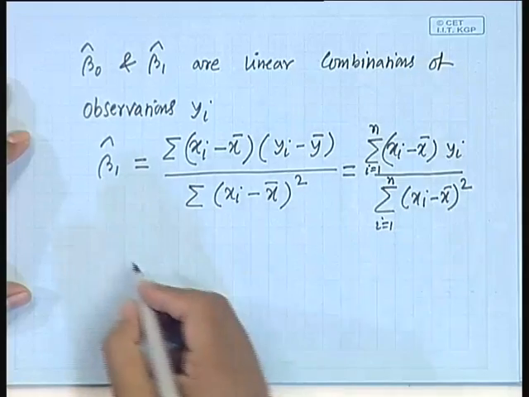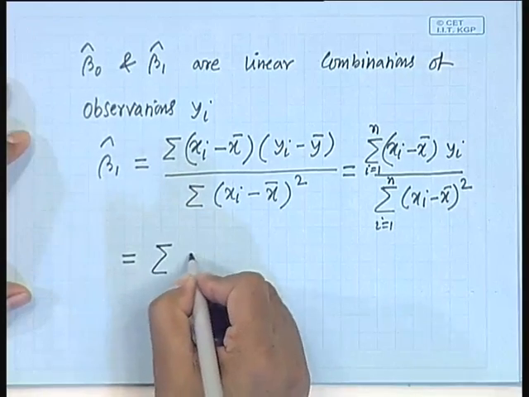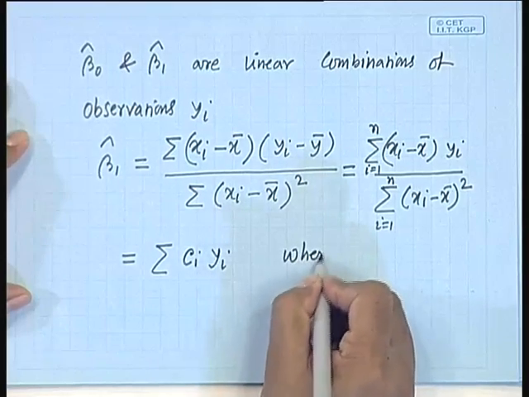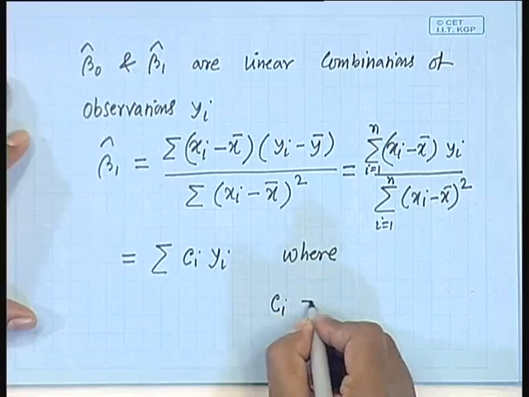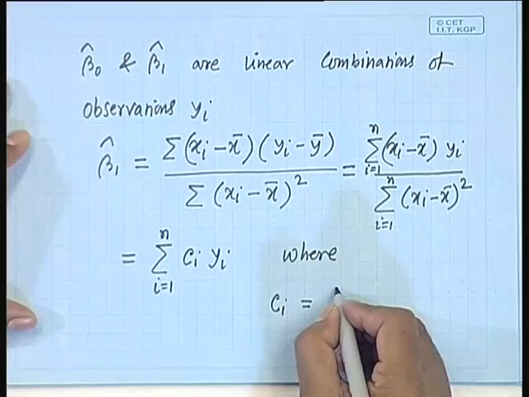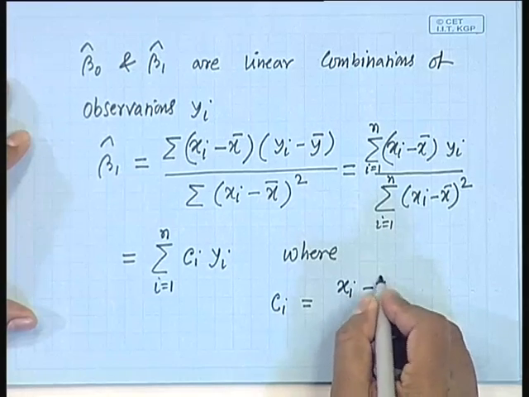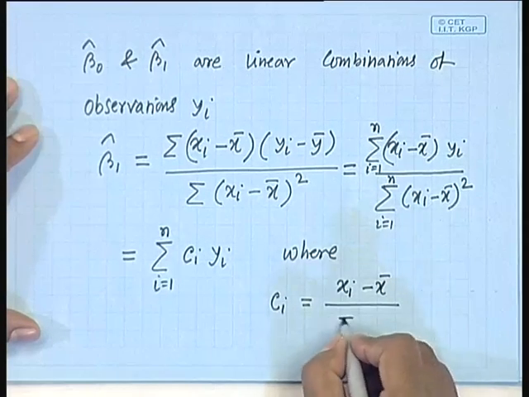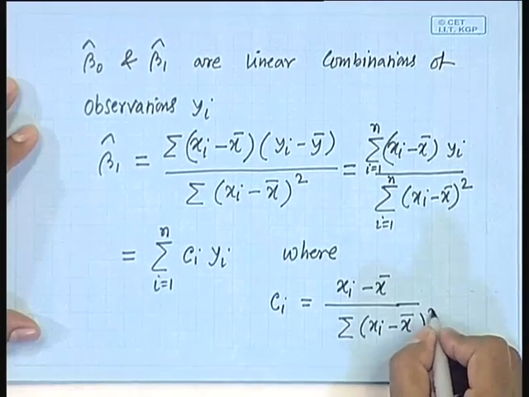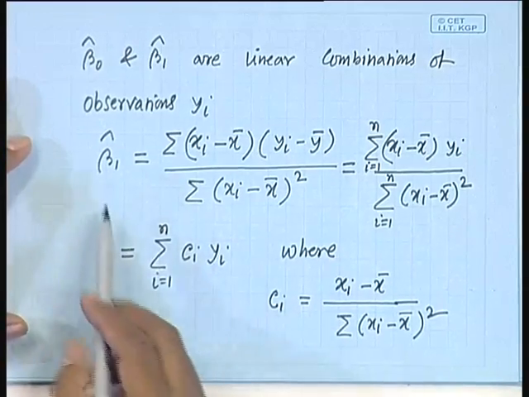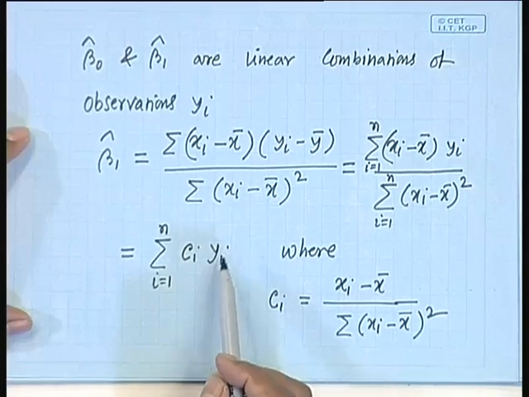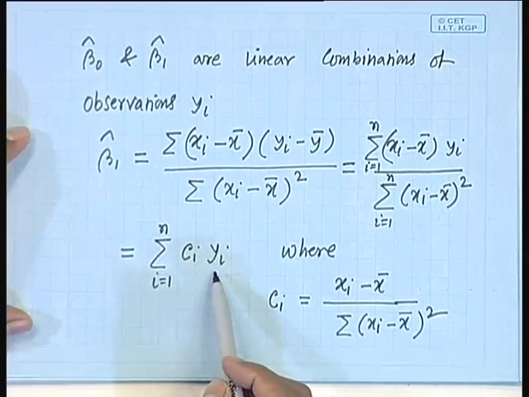Now, this can be written as summation C I y I, where C I is equal to x I minus x bar by summation x I minus x bar whole square. So, I proved that beta 1 hat is a linear combination of the observations y I.